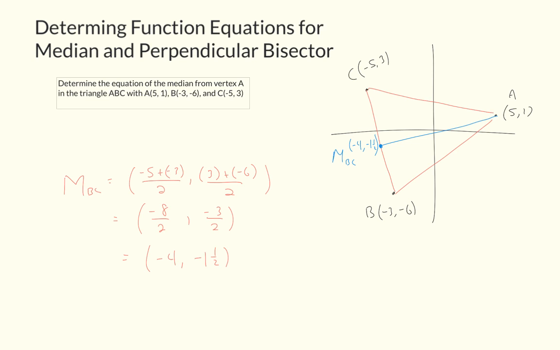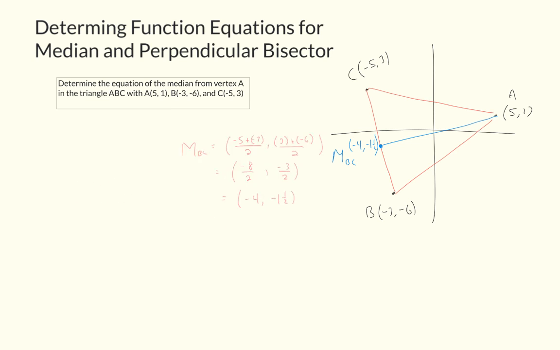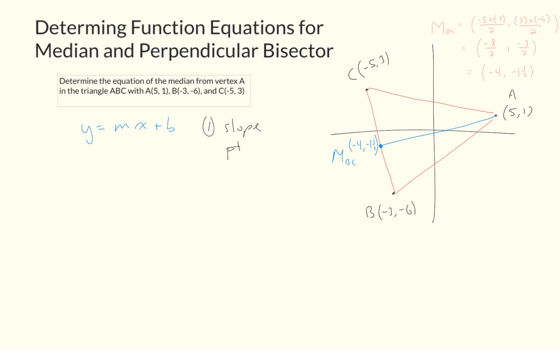So we're never losing sight of our ultimate goal, which is to find an equation. And we know that linear function equations are in the form y equals mx plus b. In order to come up with that, we need either both the slope and a point on the line, or we need 2 points.